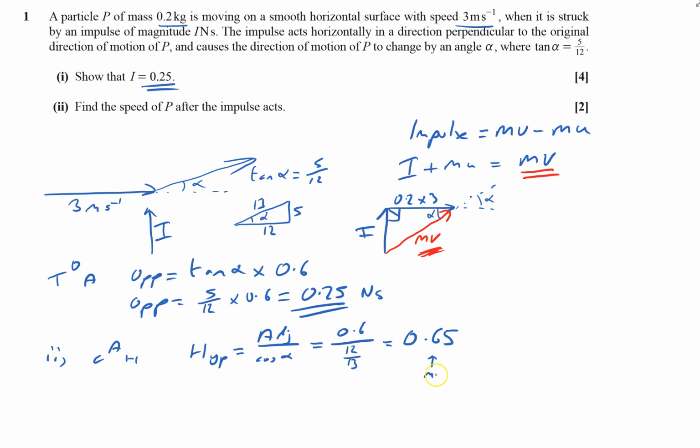So that's mv, and therefore v equals 0.65 divided by the mass, which is 0.2, and that equals 3.25 meters per second. And that's question 1 done.